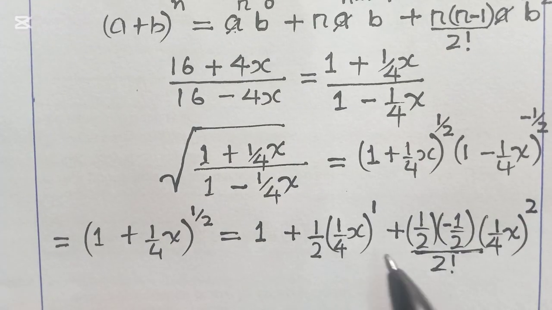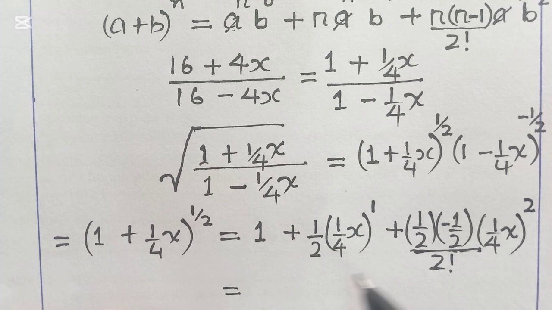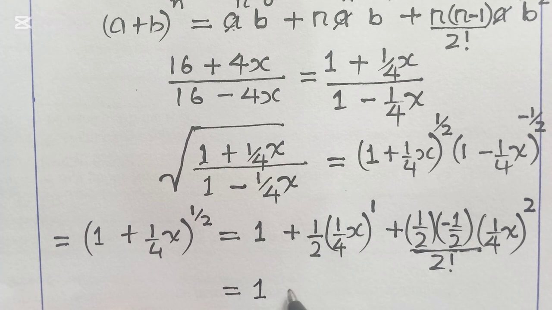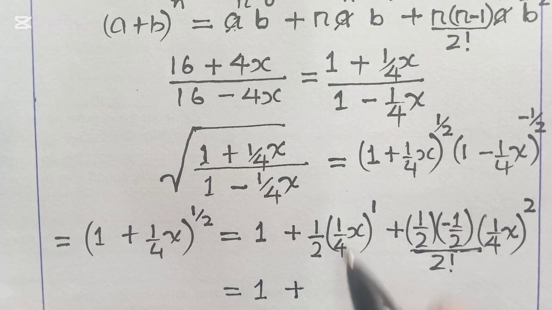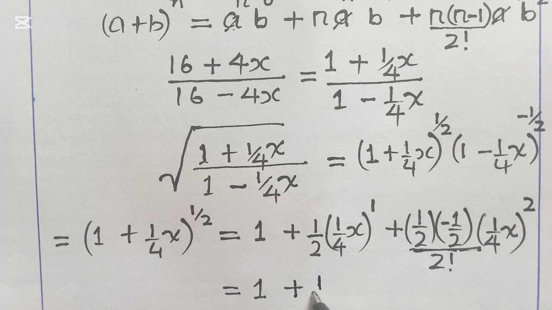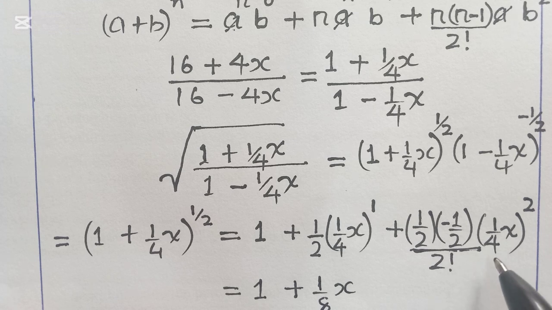We now continue. So this one we shall have 1 plus 1 over 8x. When we now come here, guys, as you can see, we have a negative here. And so guys, we are going to have negative.